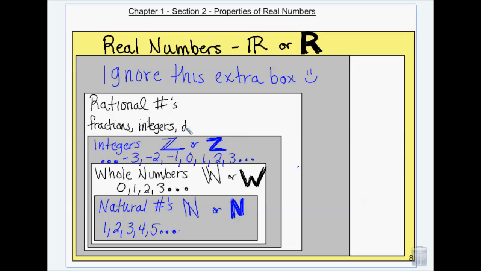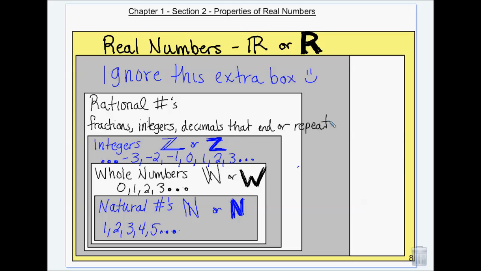And then we have decimals that end or repeat. Okay. So that's like 0.25, and then it's just done. Or 0.33333 forever and ever and ever, because repeating decimals can be written as fractions, because 0.33333 repeating forever is 1/3. So these are numbers that can be written as fractions.